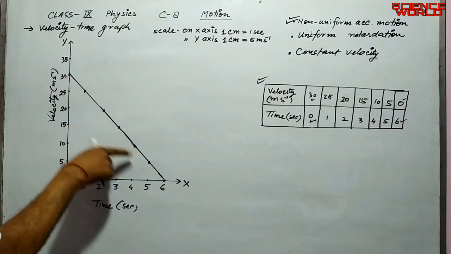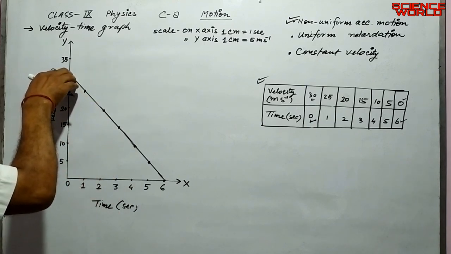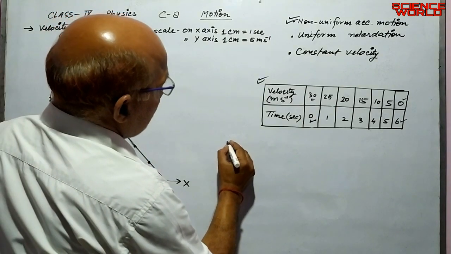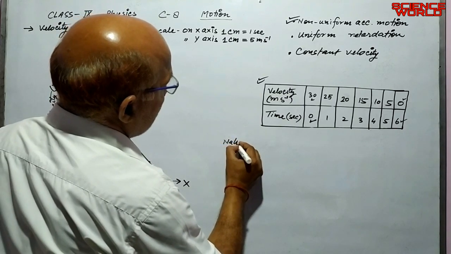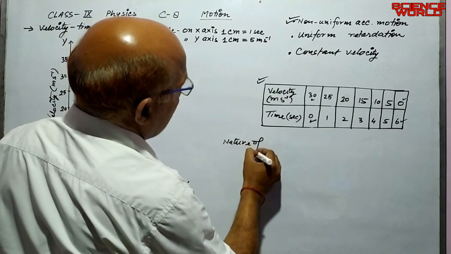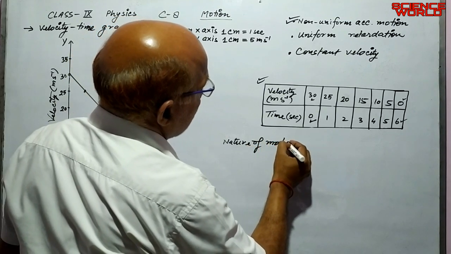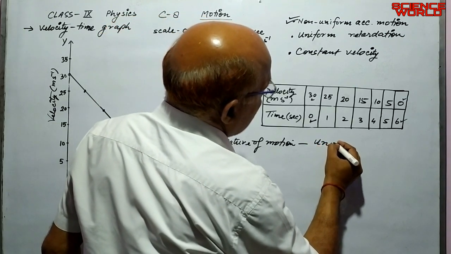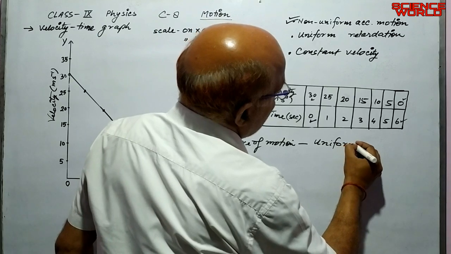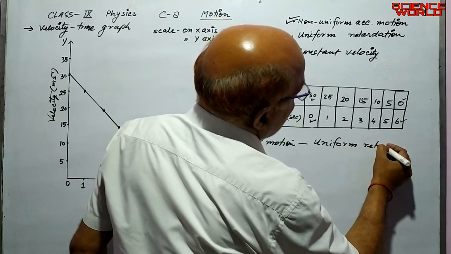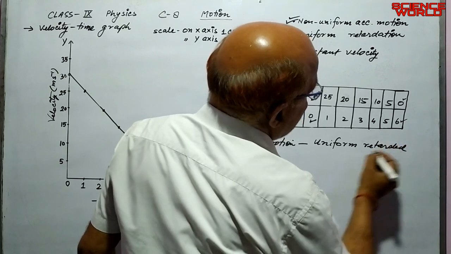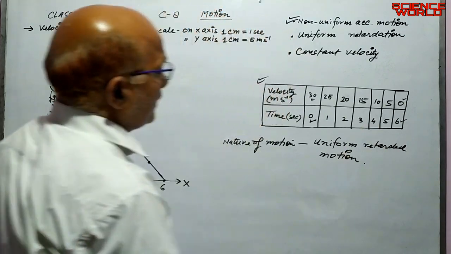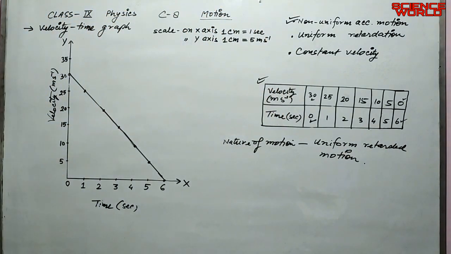So if you find such a graph, when the VT graph is a straight line and sloping down, then the nature of motion is uniform retarded motion. Okay. Now take a screenshot of it.